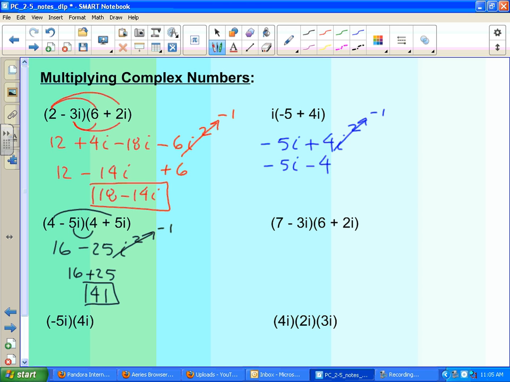Standard form puts the real part in front, the imaginary part after it. So we rearrange this. Remember, the sign in front of a number goes with it. So this is actually negative 4 minus 5i. So stick the imaginaries at the tail end of your complex number.